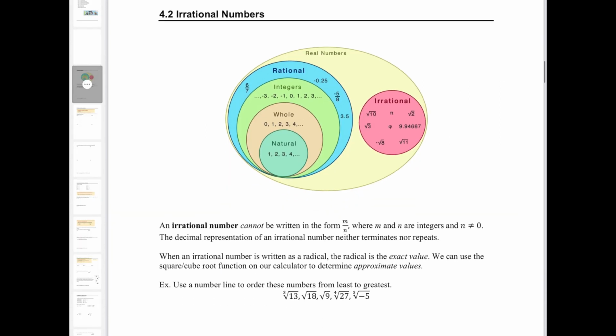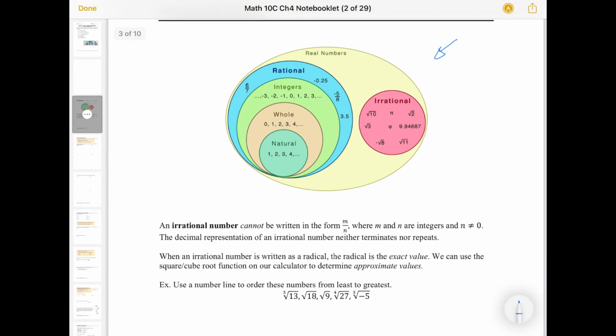So irrational numbers. This pictogram here, a sort of special Venn diagram, shows all of our numbers, the real numbers. And we've got our naturals, which are our counting numbers, our whole numbers, which include 0, integers, and rational numbers. Rational numbers is what you did a lot of in grade 9.